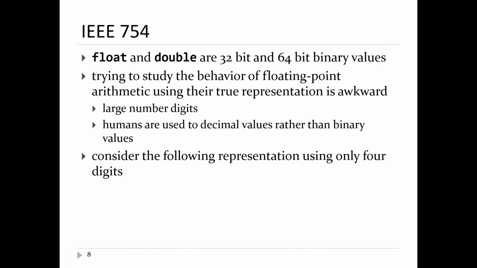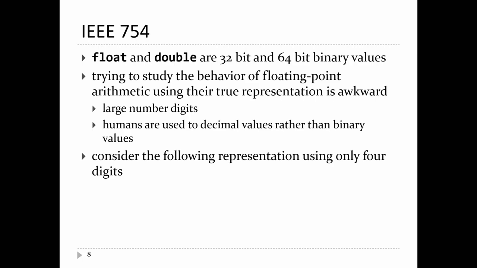Now, I guess it would be informative to actually study how the IEEE standard says these numbers ought to be represented, but it's very awkward, right? Every time I want to write down a floating point number, I have to write down 32 or 64 zeros and ones. And that's no fun, right? So you don't want to watch me try to scribble down 32 zeros or ones.